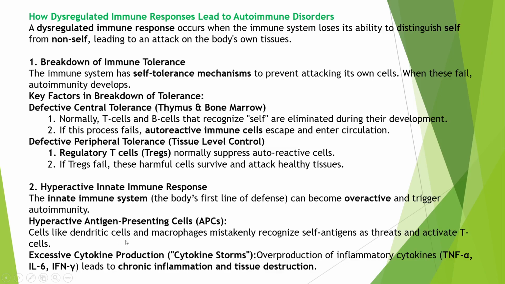Cells like dendritic cells and macrophages mistakenly recognize self antigens as threats and activate T cells. So, this is similar to your T cells or B cells, which cannot recognize self and non-self. In the same way, your antigen presenting cells also have to very clearly differentiate between self and non-self, because they are the ones which then activate your T cell responses, your antibody production or anything.